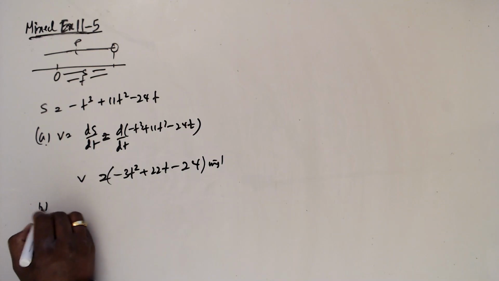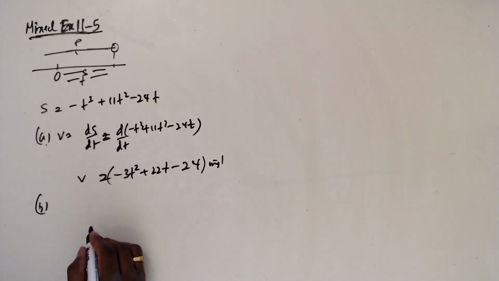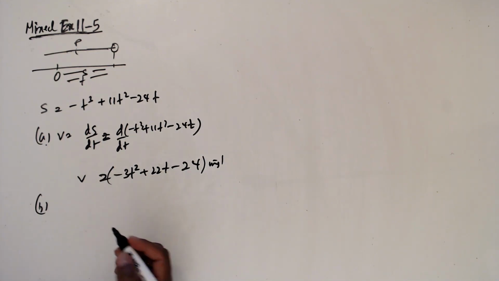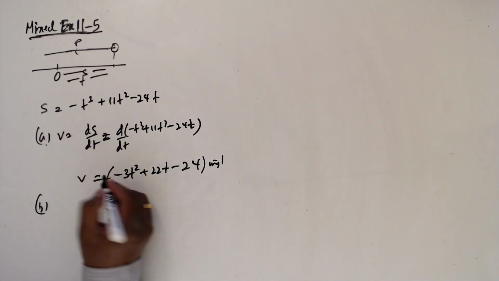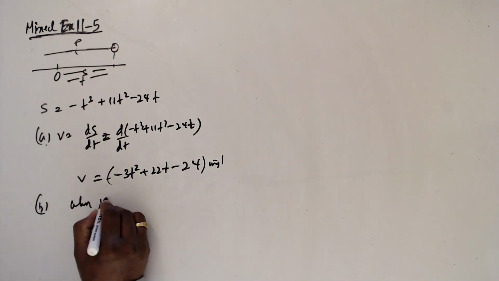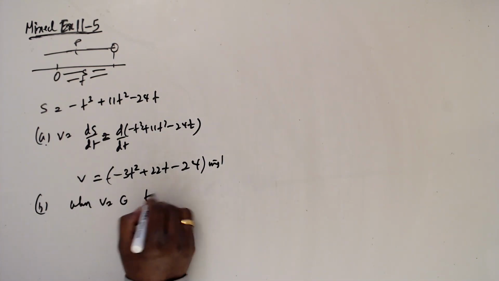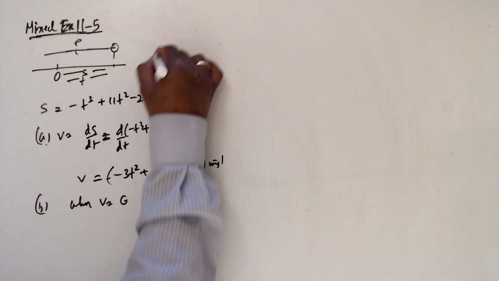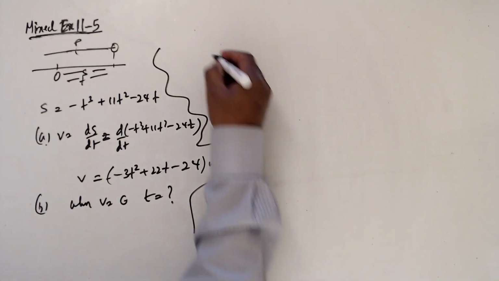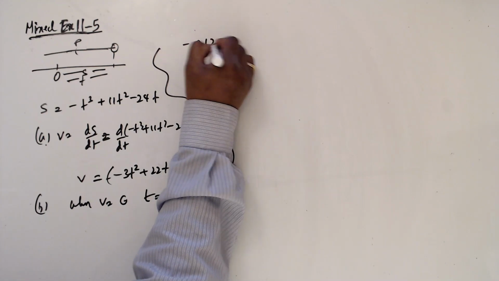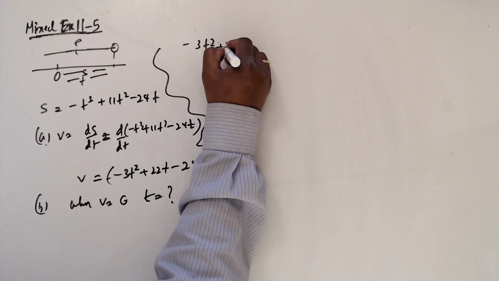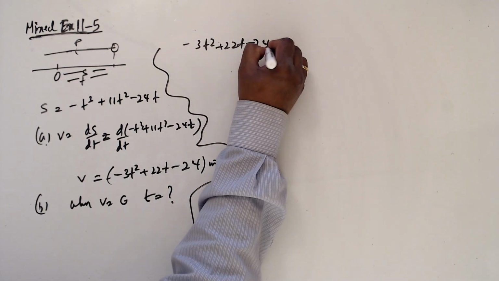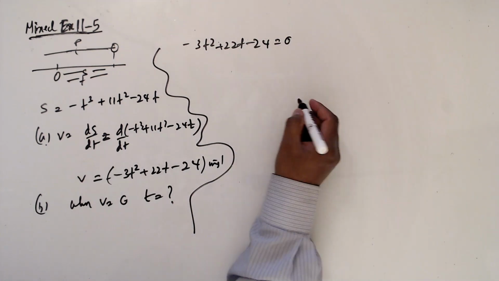So part B, we want to calculate the t when P is instantaneously at rest. So when v equals 0, we want to find t. Minus 3t square plus 22t minus 24 equals 0.